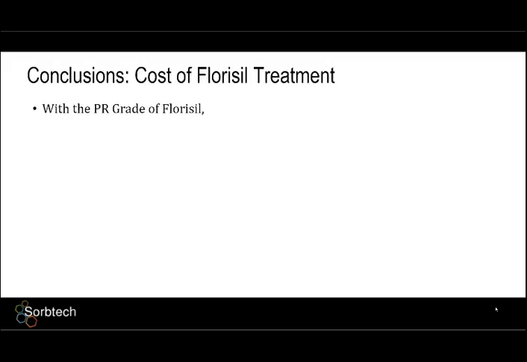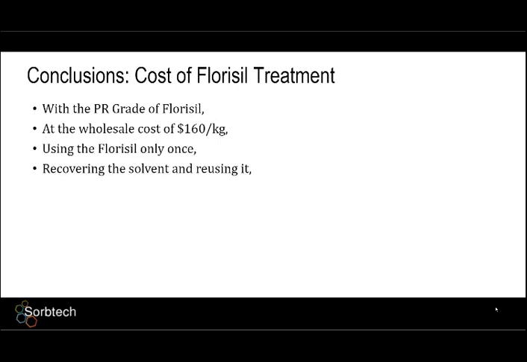So we have to look at the cost of it. It's great, but if it's too expensive, we can't use it. So how much does it cost? We're looking at two cases. First of all, with the PR grade of Florisil, which is the pesticide residue grade, at a wholesale cost of $160 a kilogram, using the Florisil only once, recovering the solvent and reusing it, including labor.